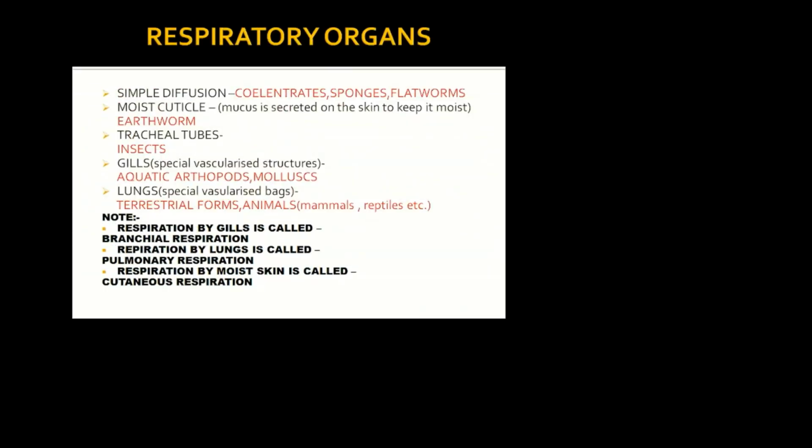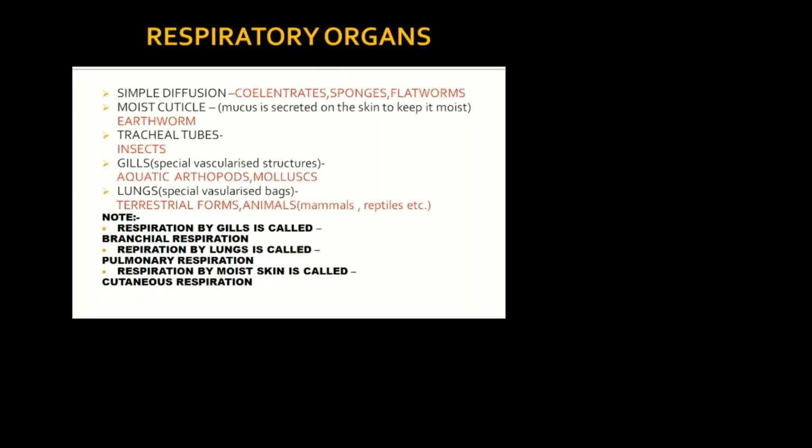So respiratory organs: simple diffusion. Simple diffusion is used in coelenterates, sponges and flatworms. Sponges in the seas, coelenterates, flatworms. Moist cuticle is used in earthworms. Moist cuticle is when the skin is moist, wet and slippery.